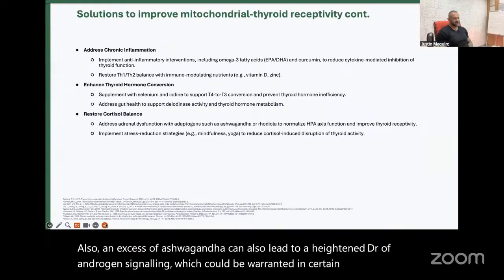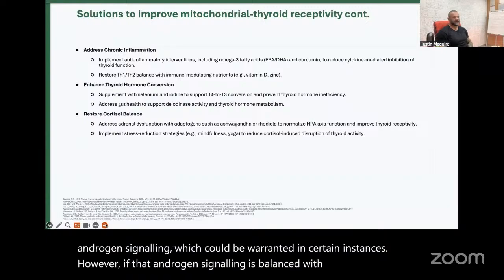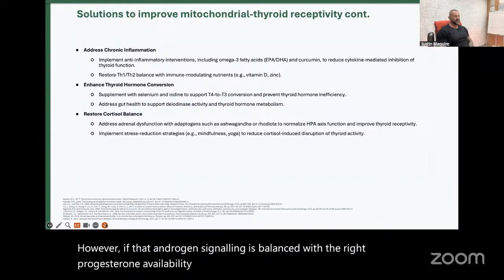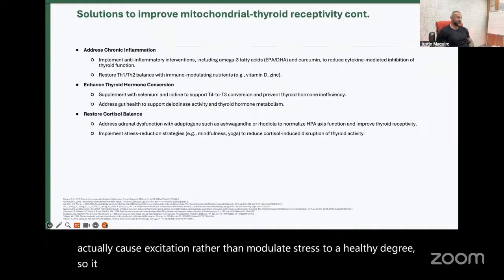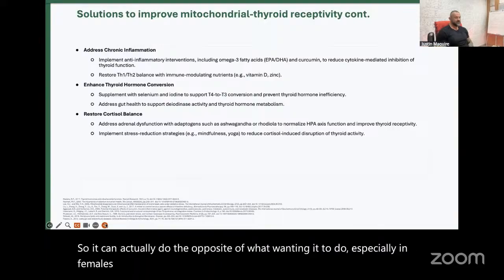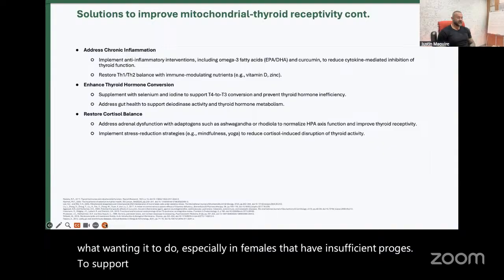However, if that androgen signaling is not balanced with the right progesterone availability, for example, in females, ashwagandha may actually cause excitation rather than modulate stress to a healthy degree. So it can actually do the opposite of what we're wanting it to do, especially in females that have insufficient progesterone to support testosterone and estrogen drive.